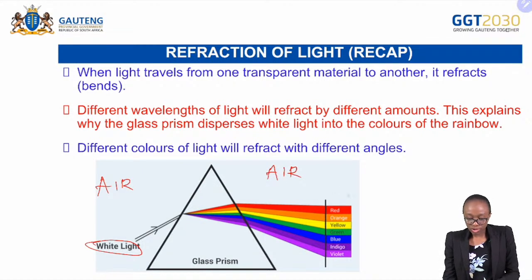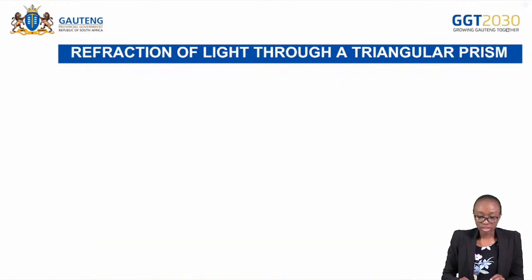We are able to see the different colors here because they have different wavelengths, and that's why they refract by different amounts. That's why you see red at the top, then orange, yellow, green, blue, indigo, and violet.